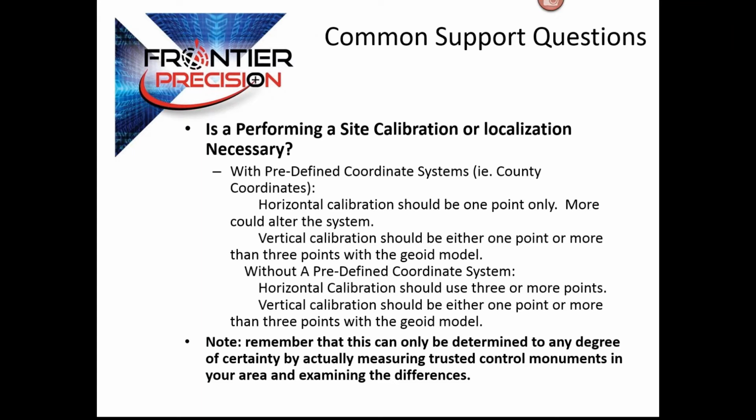Say, for instance, in Minnesota, a data sheet might show you 96, 2007, and 2011. Don't mix and match those. Don't calibrate to a couple of points on one realization and a couple of others on another realization, because you'll be mixing and matching those realizations, and it's going to add error into your survey. So keep those consistent.